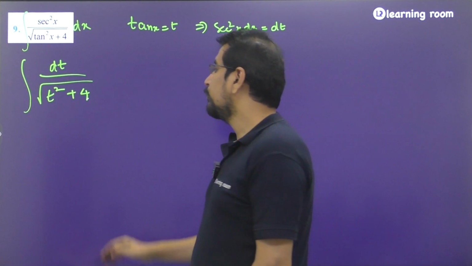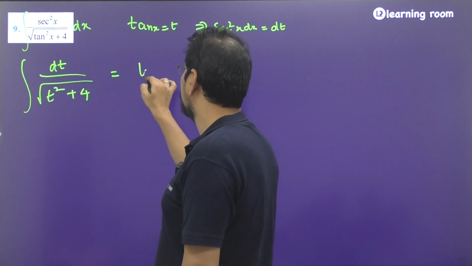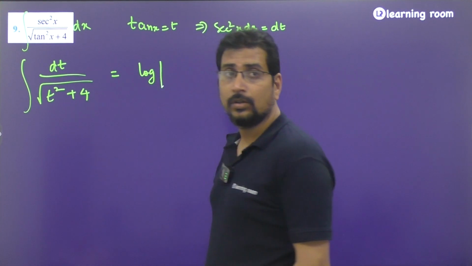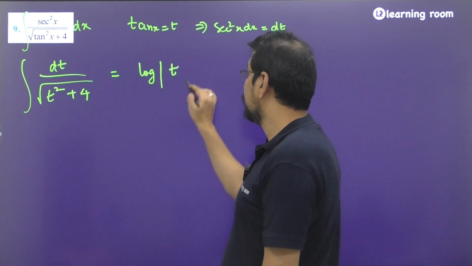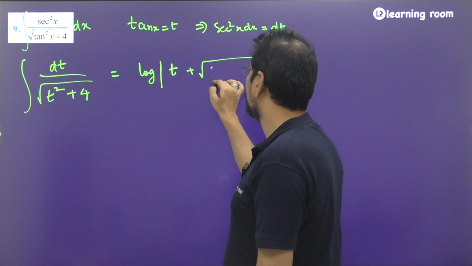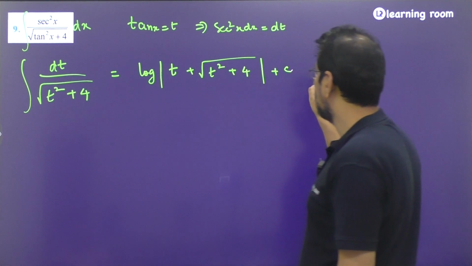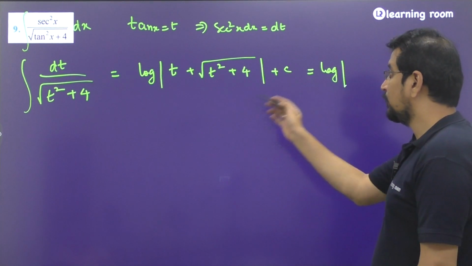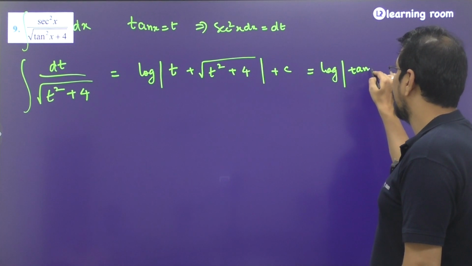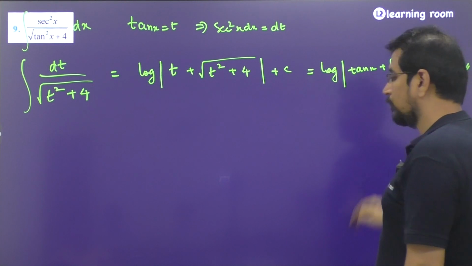So 1 by root of a square plus x square is equal to log of x plus root of x square plus a square plus c. So what is the value of x? That is t. Log of tan x plus root of tan square x plus 4 plus c. This will be the answer.